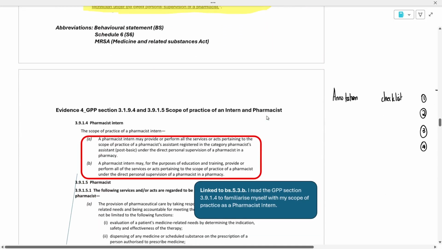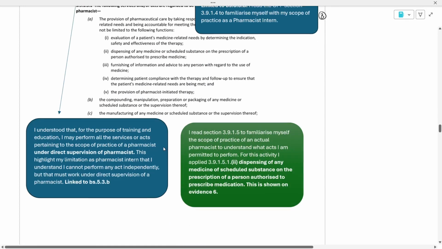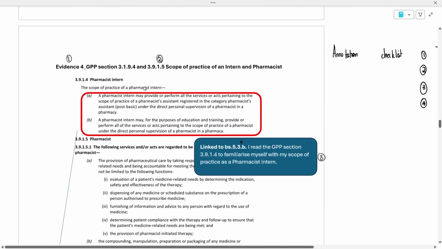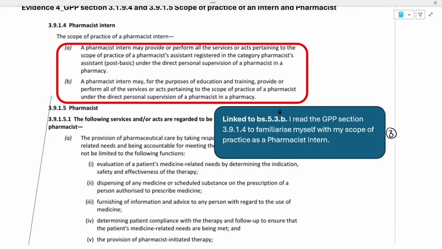So let's move on. Name of evidence, what it shows, link with behavioral statement, so 4, and then application, I believe. Application, link with behavioral statement. Let's check the quality of your annotation.